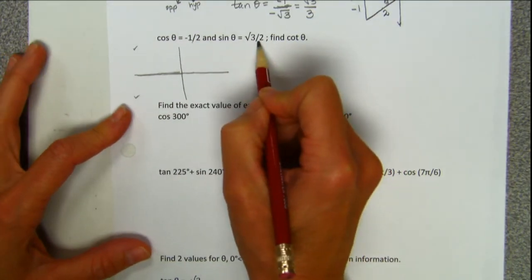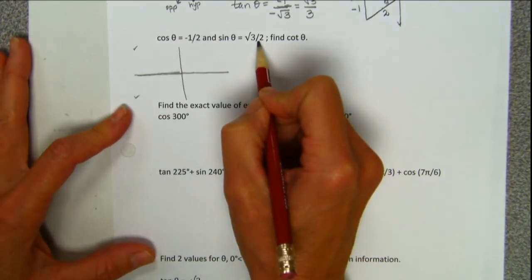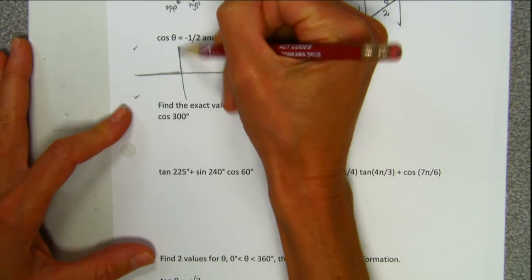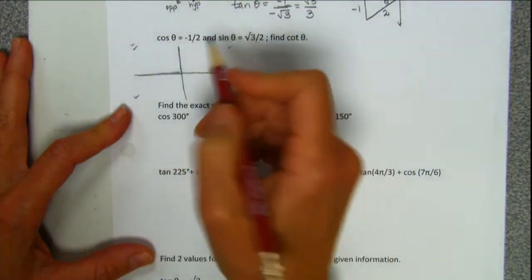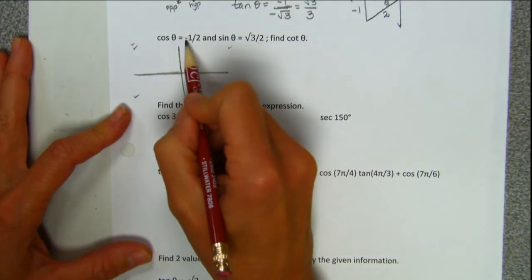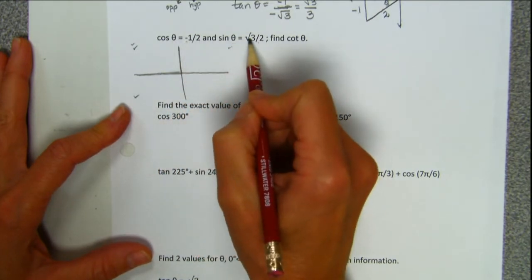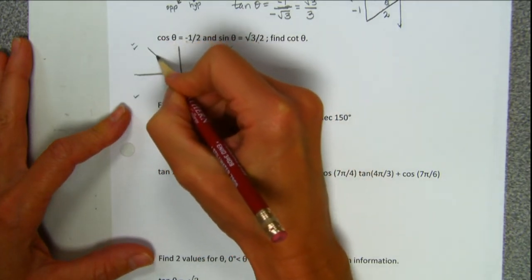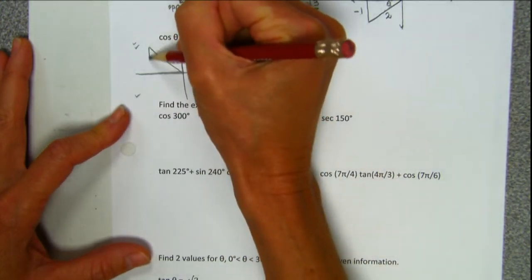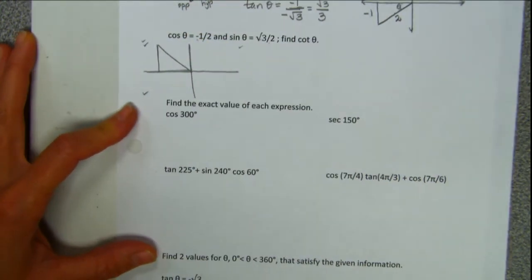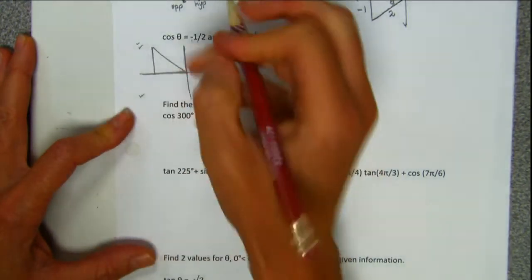And the sine is positive. Sine is your y's. We're here, we're here. Where both of these are true, where the cosine can be negative and the sine can be positive, is up here in quadrant 2. So we're talking about this angle right here in standard position, but we're going to drop a perpendicular and make a right triangle over in quadrant 2 to help us out.